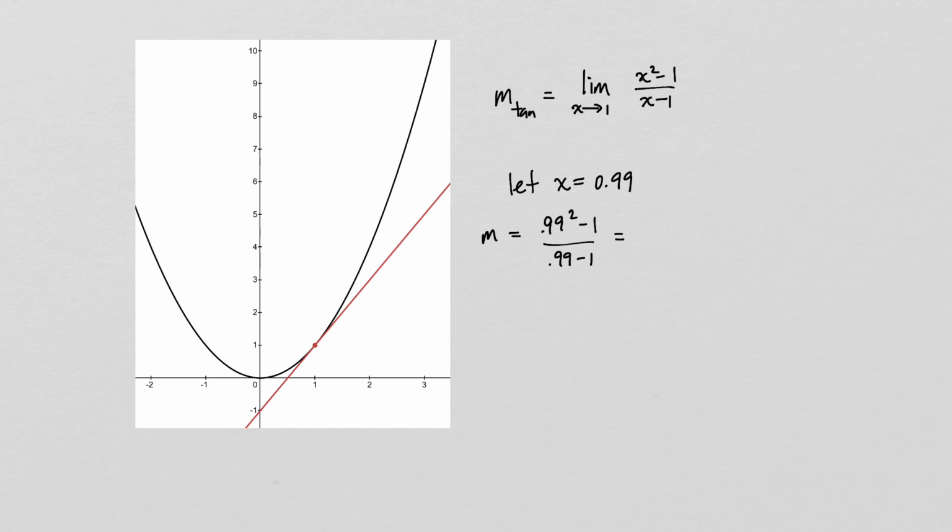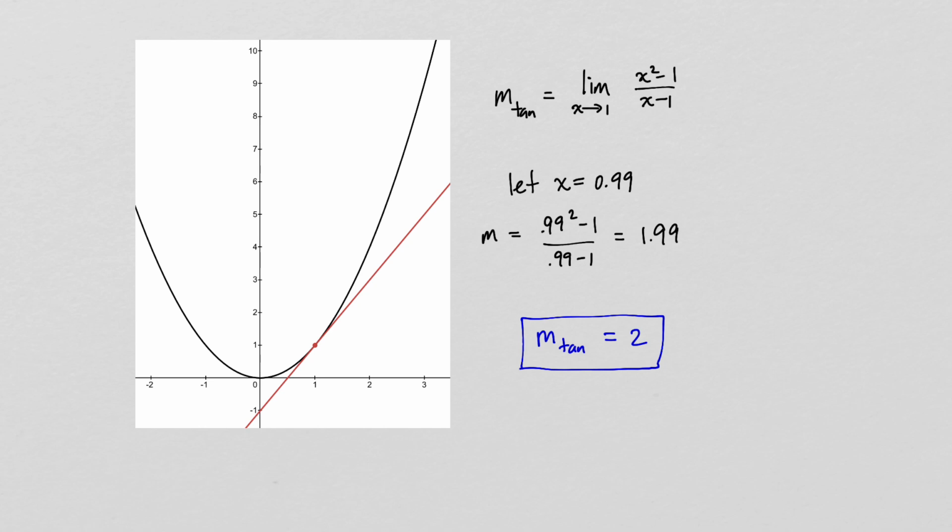And if you do the math on this, you get 1.99. So you can see that when we pick a number that's really close to 1 on the other side, we are still getting a slope that is really close to the number 2. So it seems like the slope of the tangent line is equal to 2, because that appears to be the number that we are getting closer to each time we plug in a value of x that is close to 1.